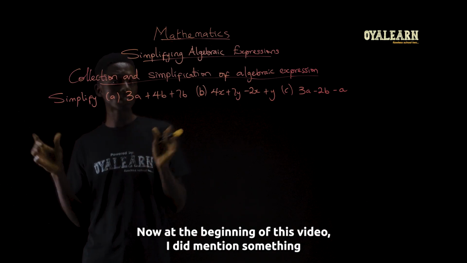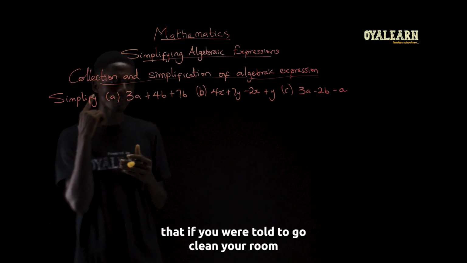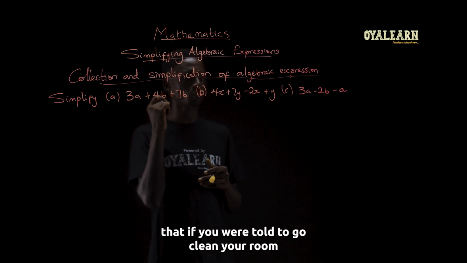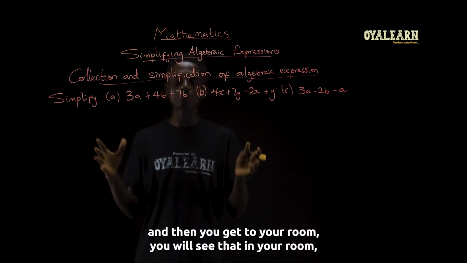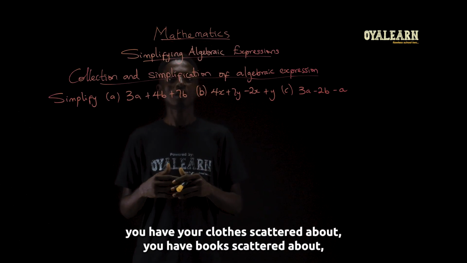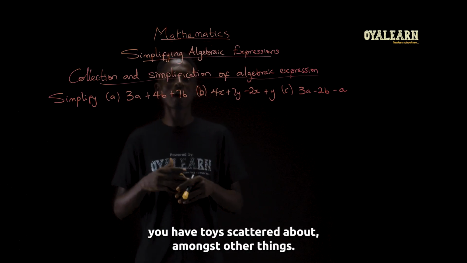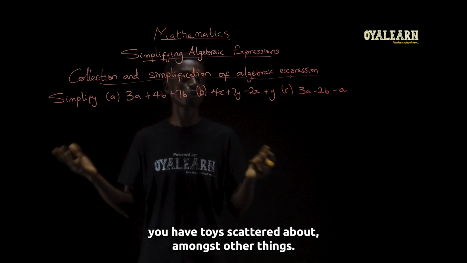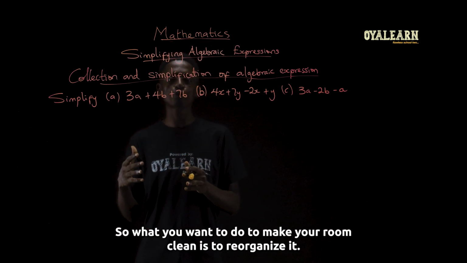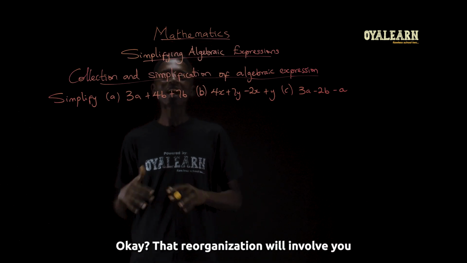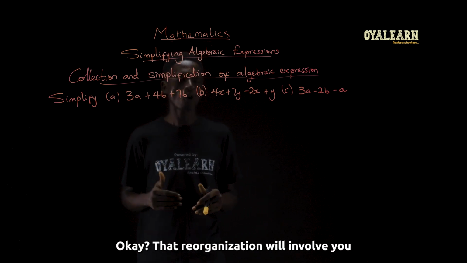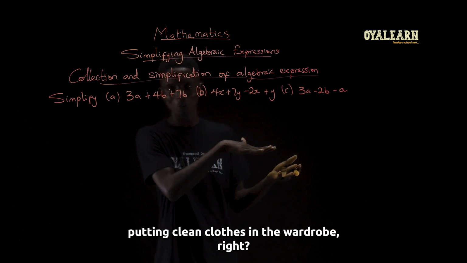Now, at the beginning of this video, I did mention something, that if you were told to go clean your room, and then you get to your room, you will see that in your room you have your clothes scattered about, you have books scattered about, you have toys scattered about, amongst other things. So what you want to do to make your room clean is to reorganize it. That reorganization will involve you putting clean clothes in the wardrobe, right?